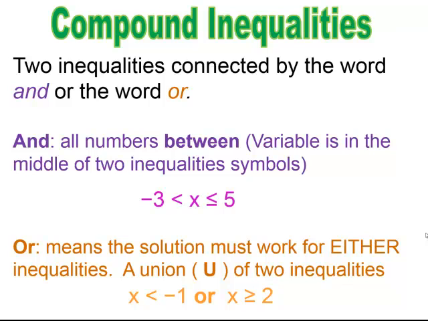So now an example of a compound inequality or would be x is less than a negative 1 or, and you'll see the word or the union symbol, x is greater than or equal to 2. So it's two separate inequalities when we have a compound inequality or.